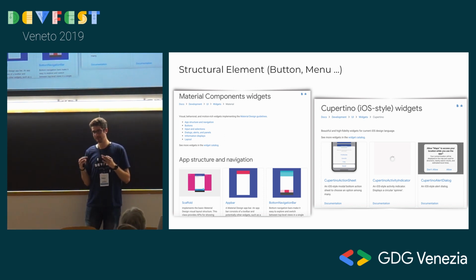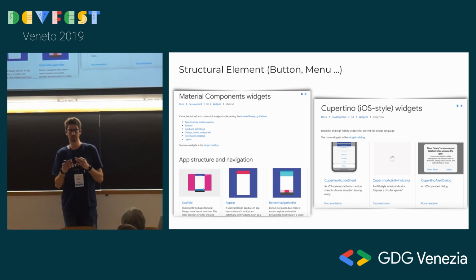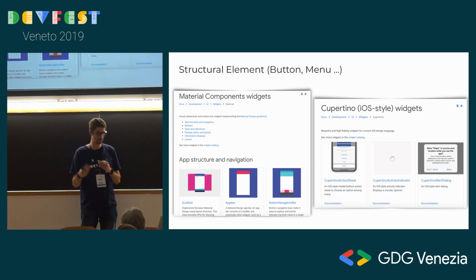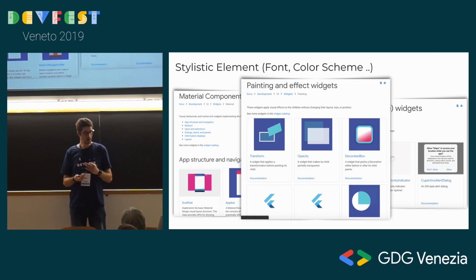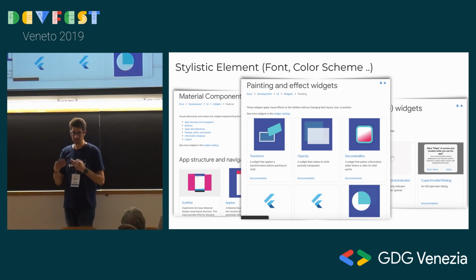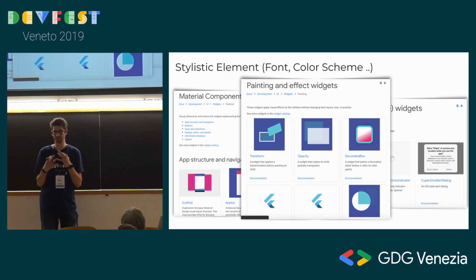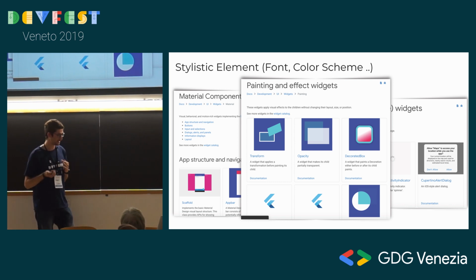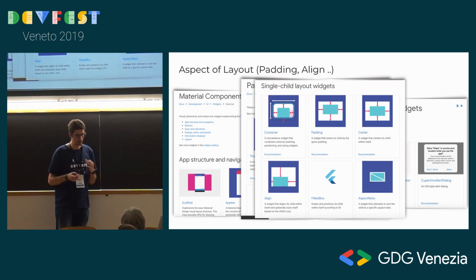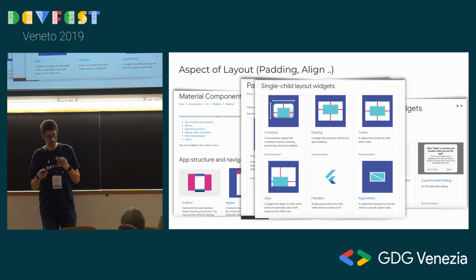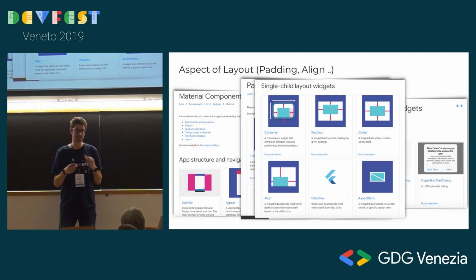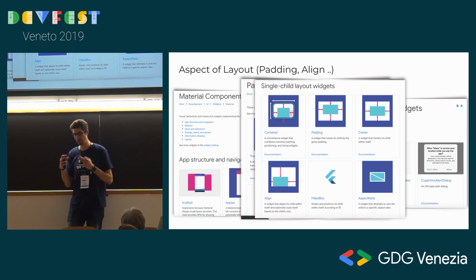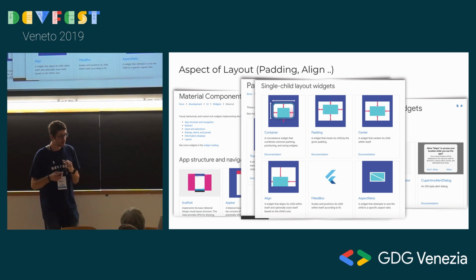Another kind of widget is the structural element of the application, so for example, button, menu, dialog, and stuff like that. Widgets are also the customization of the building blocks, so for example, painting, opacity, color, and stuff like that. And also widgets are the aspects of the layout, so for example, padding, alignment, and stuff like that.